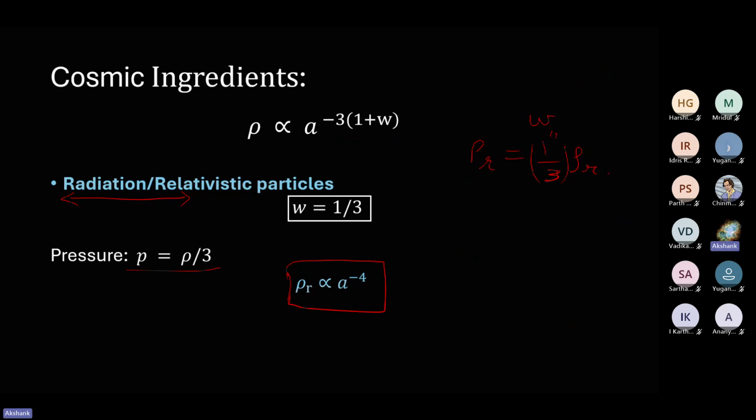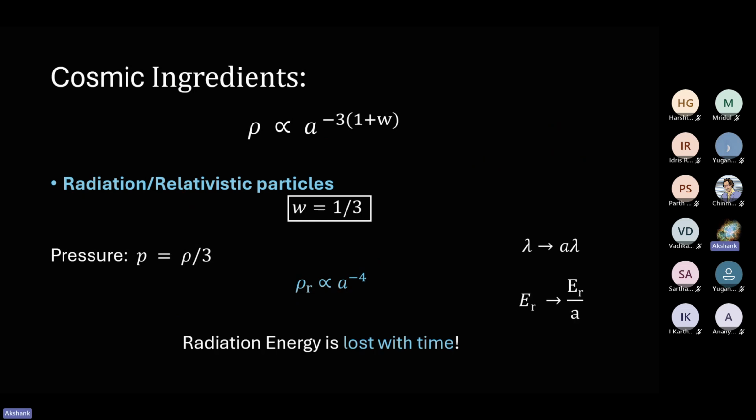Why is that happening? Because if you remember, expansion of the universe is causing redshift. That redshift is basically expanding the wavelength. So you have Hubble expansion, which is expanding the wavelength of the light, the wavelength of this radiation or the relativistic particles.